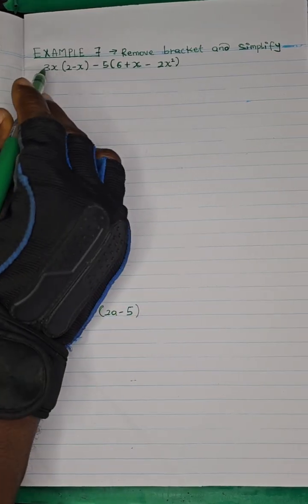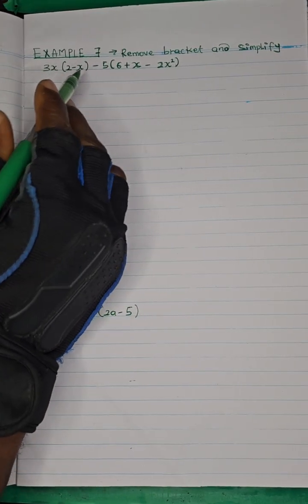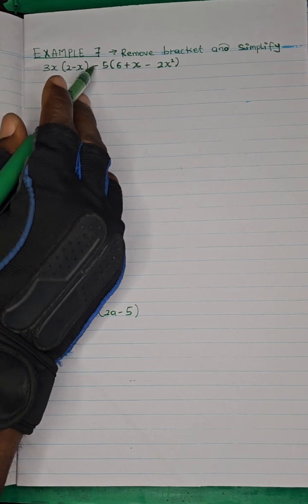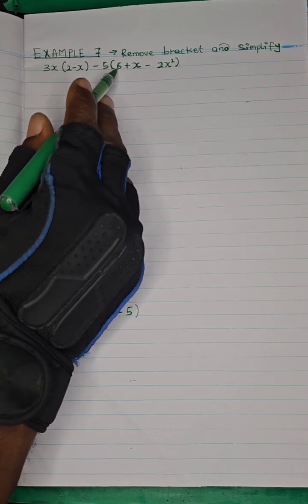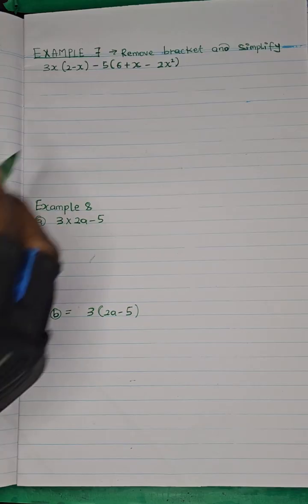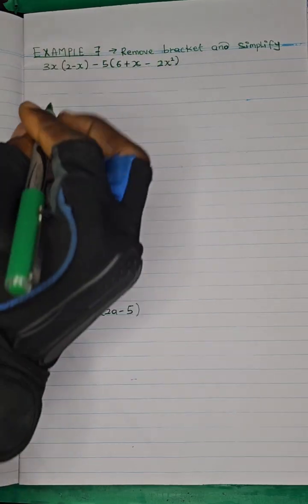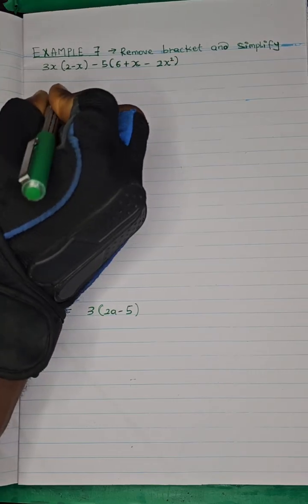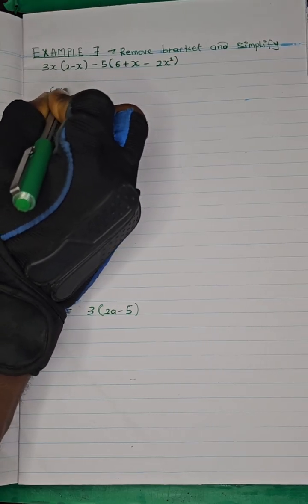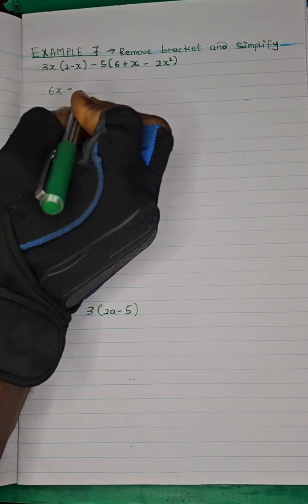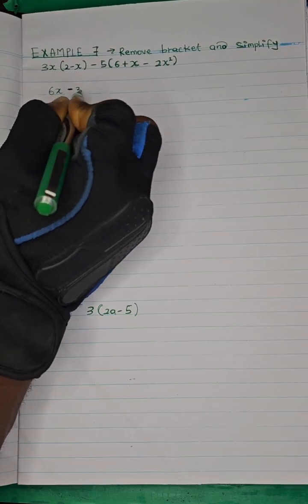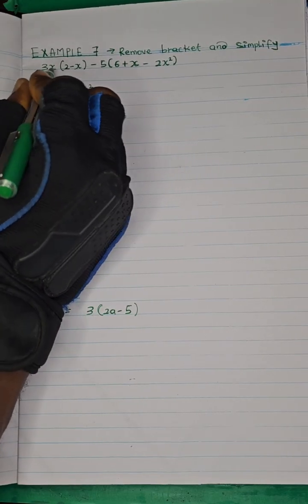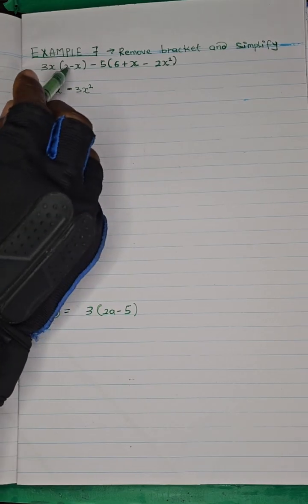This example, we have 3x into bracket 2 minus x minus 5 into bracket 6 plus x minus 2x squared. So you have been told to remove the bracket and simplify. So let's solve both of them. 3x into 2 will give you 6x. 3x into minus x will give you minus 3x squared, because x multiplied by x is x squared, and minus sign.